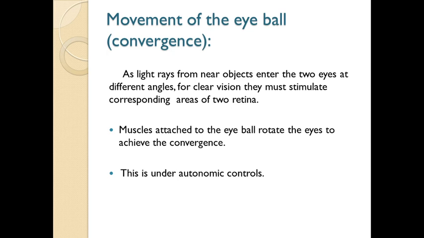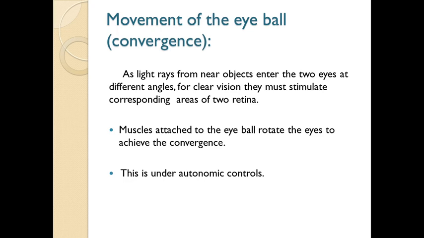So for that, muscles attached to the eyeball rotate the eyes to achieve convergence. The eyeball is rotated to a particular angle so that the light rays hit the retina at corresponding places. This is called convergence.